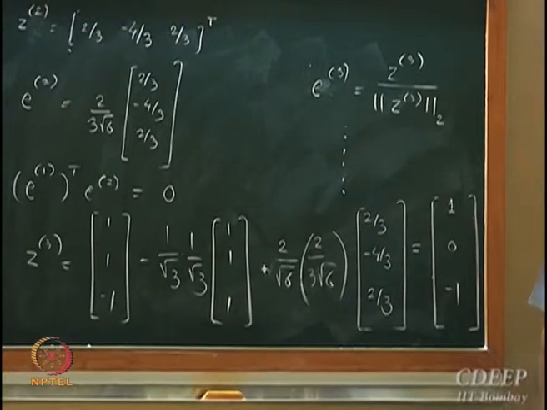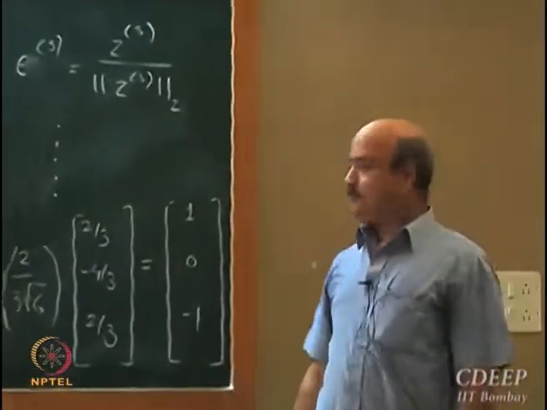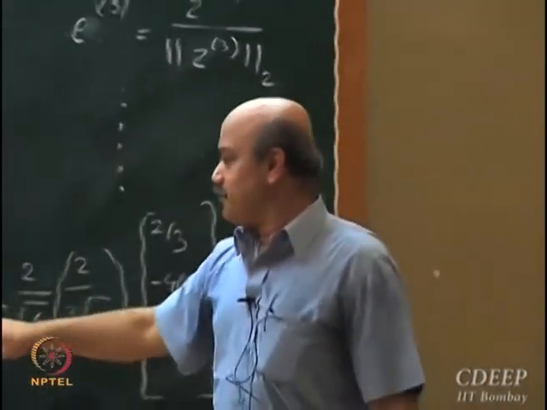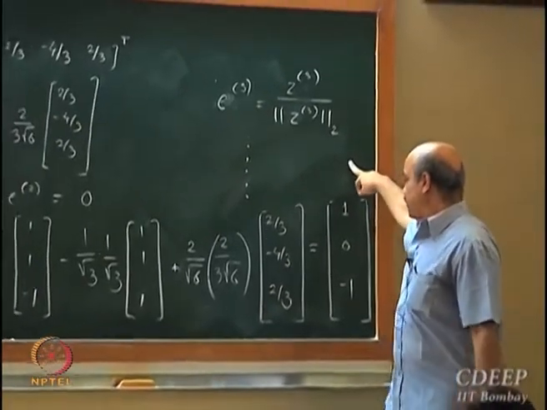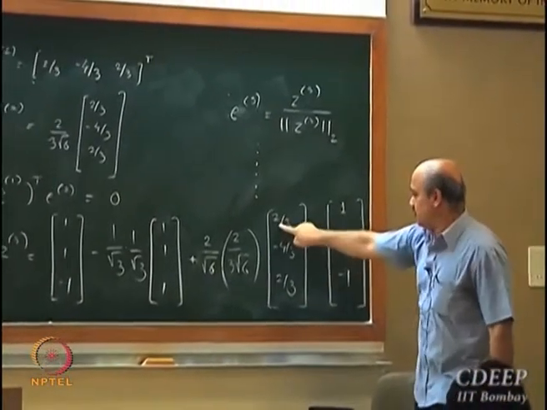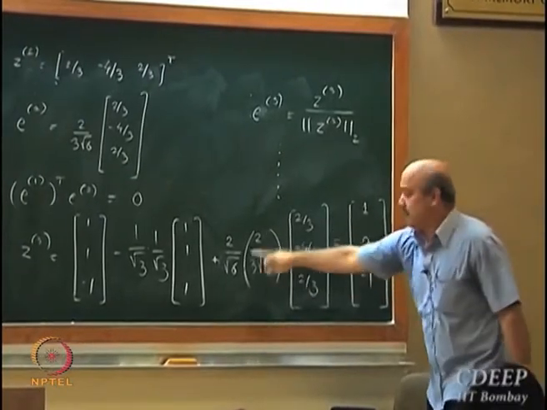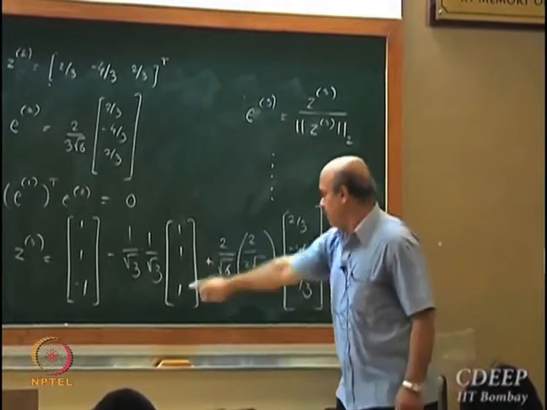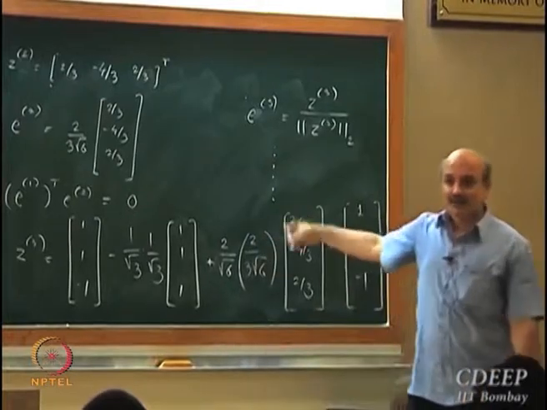Does everyone agree, or are there some different calculations? By the way, is (1, 0, -1) orthogonal to this and this vector? It seems to be. This (1, 0, -1) is orthogonal to this direction. Forget about the multiplying factor. What about here? (1, 1, 1). Oh yes, it is. So these are mutually orthogonal.